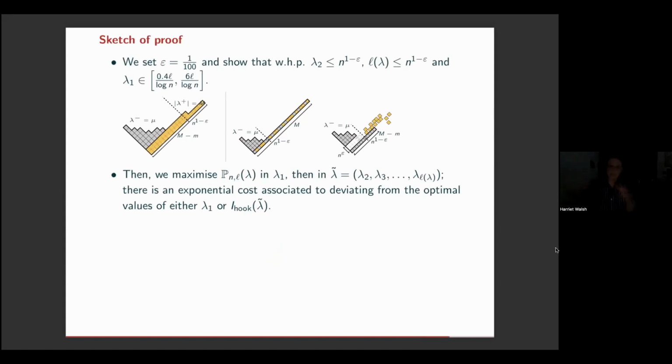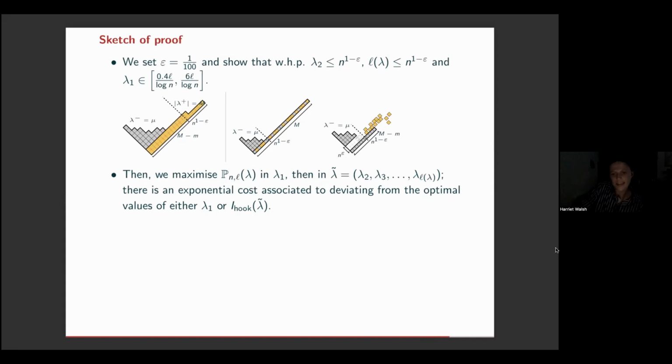Really, because we have this sort of two-scale limit shape, we have a sort of two-scale proof. First, we have macroscopic properties that will have an exponential cost if they're not satisfied. We find first that only the first part needs to be bigger than some threshold, say n to the 1 minus 1 over 100.